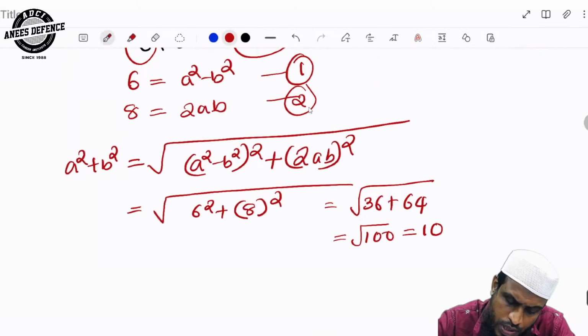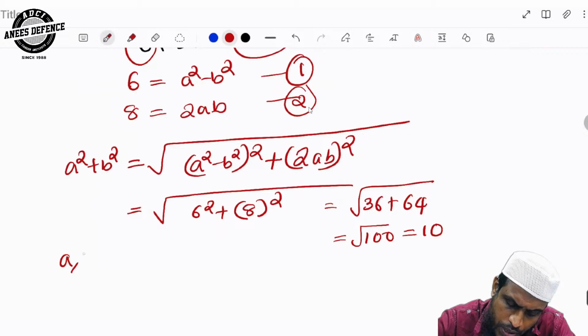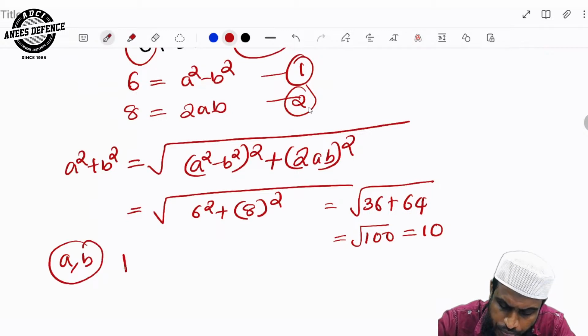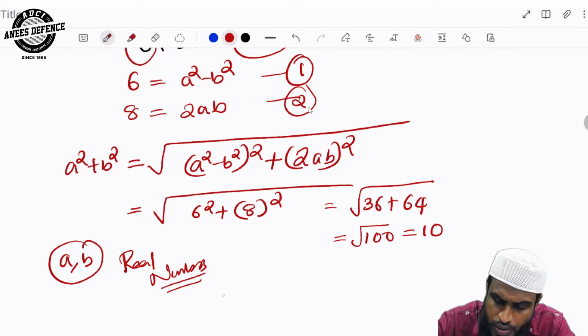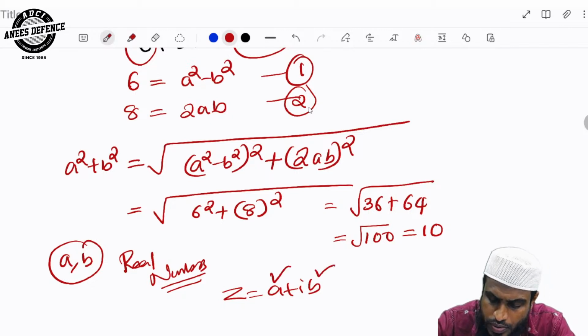So here a, b both are real numbers. Normally z is equal to a plus ib. That is the normal form. Here also a and b are real numbers, but b is associated with i, so we call it the imaginary part.